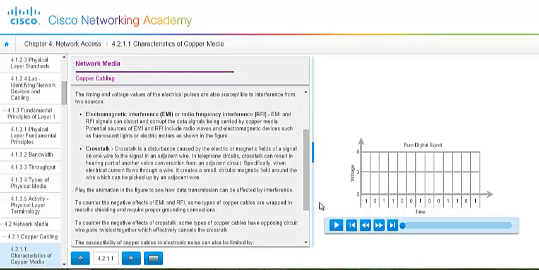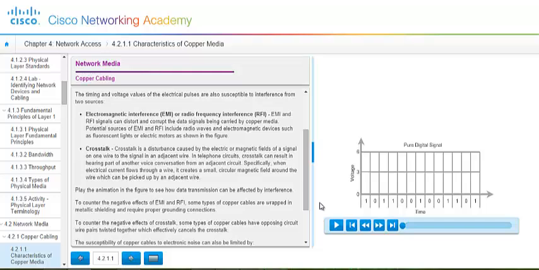The timing and voltage values of electrical pulses are also susceptible to interference from two sources. You have electromagnetic interference, or EMI, and radio frequency interference, or RFI. The EMI and RFI signals can distort and corrupt the signals that are being carried by copper media.